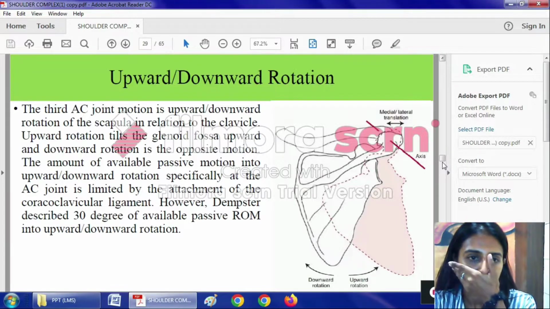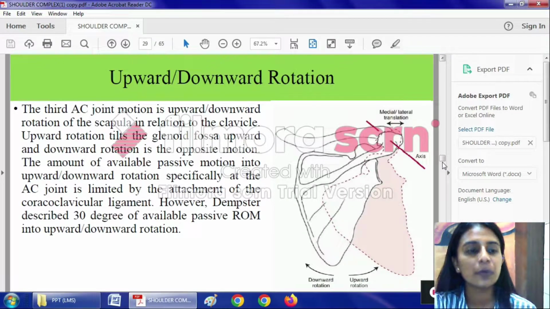Now, upward and downward rotation. The third AC joint motion is upward-downward rotation of the scapula in relation to the clavicle. Upward rotation tilts the glenoid fossa upward, and downward rotation is the opposite motion.